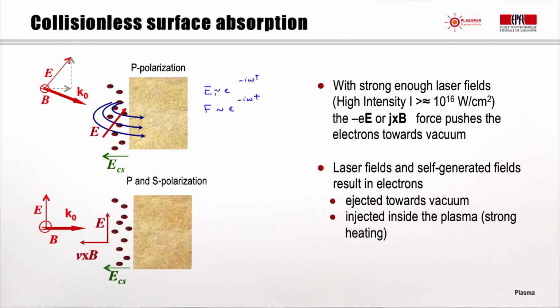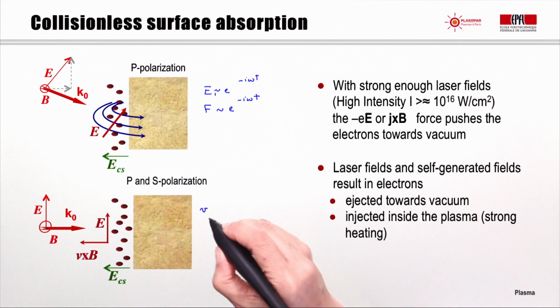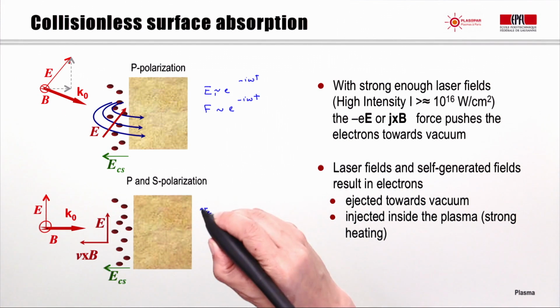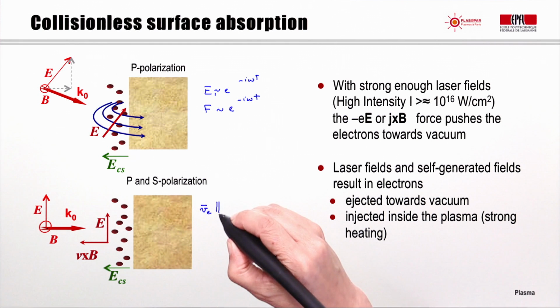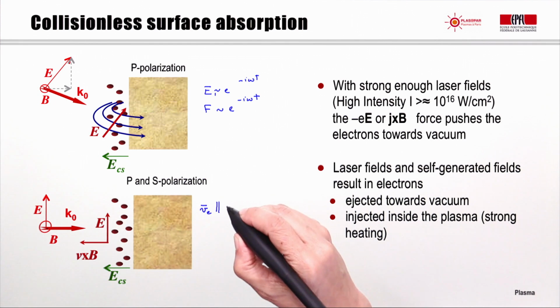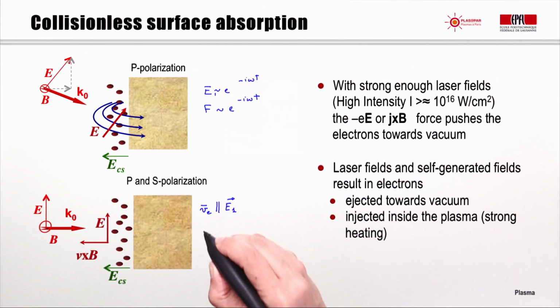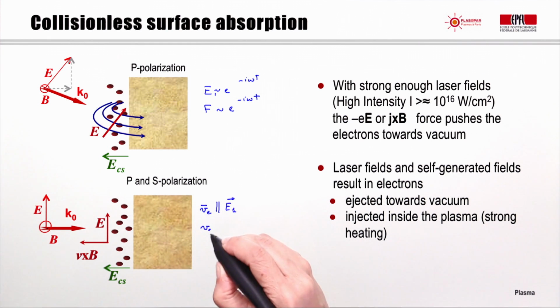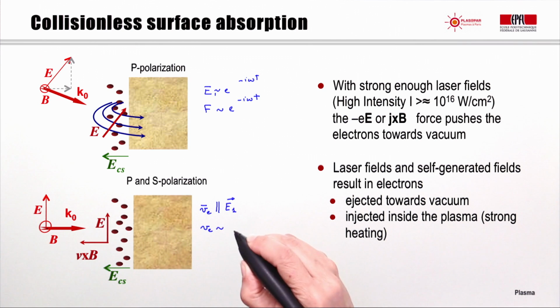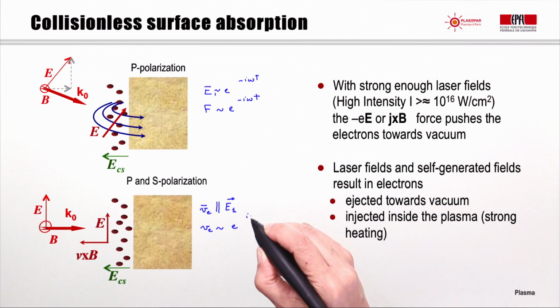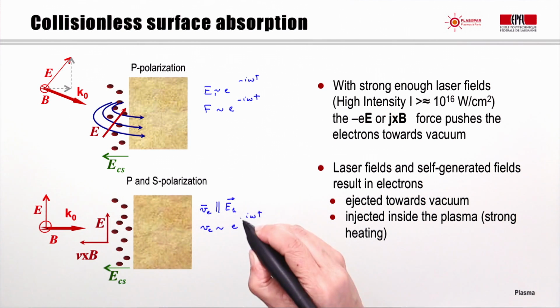In the second case, the particles have first velocity along the electric field, and then their velocity is also oscillating at frequency equal to the laser frequency.